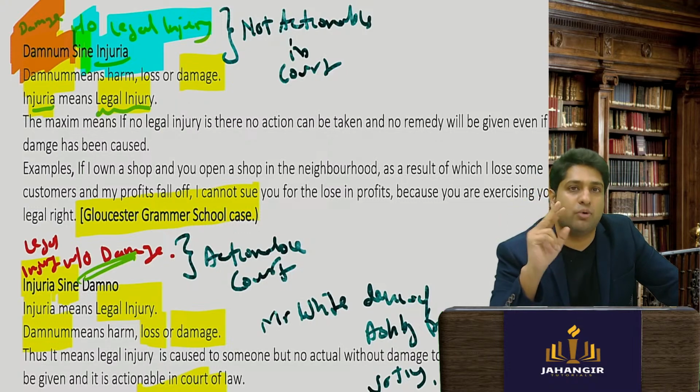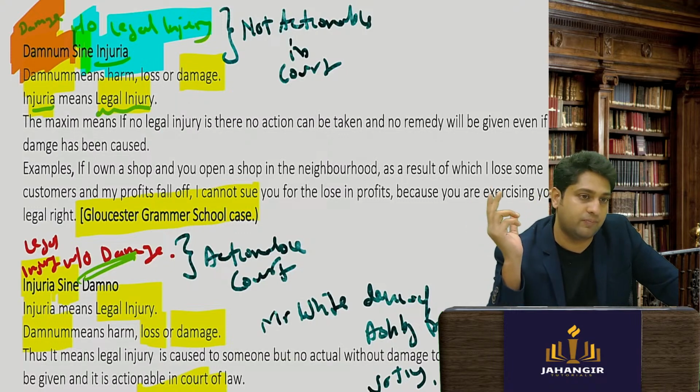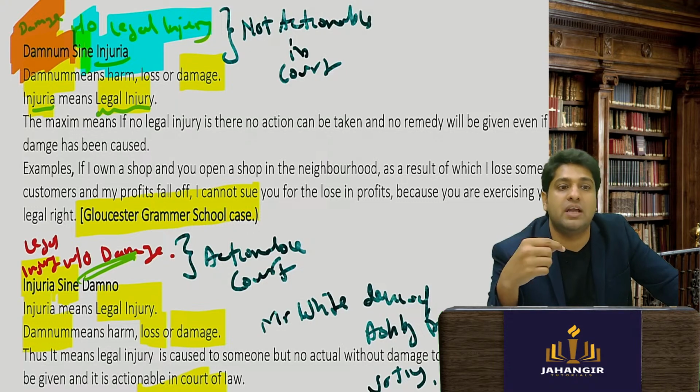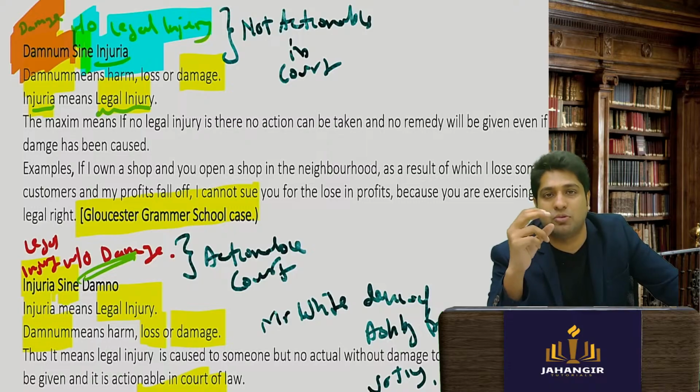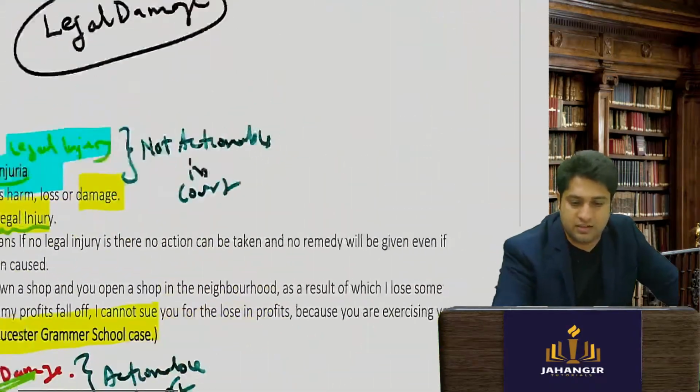Sine means without, and injuria means legal injury, not any injury, legal injury. And injuria sine damno means what? Injuria means legal injury, sine means without, and damno means damage. Sir, what? So let's see. Please write down what I'm telling.